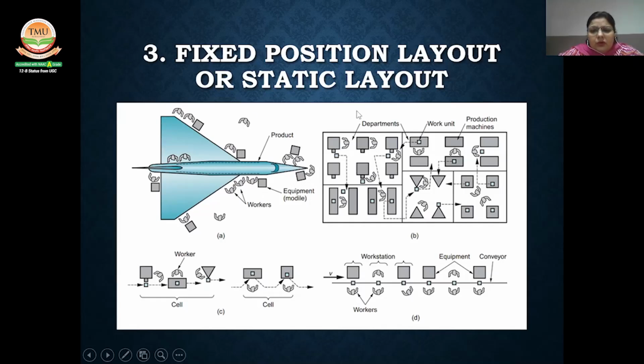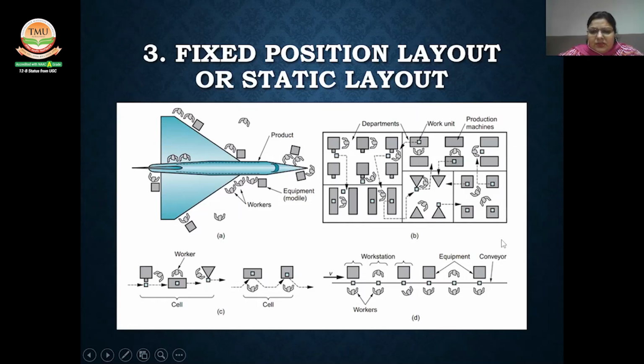Okay, so this is a department. There are different departments. The person reaches that particular place where the particular product is assigned. Okay, human resources will reach there from different units.